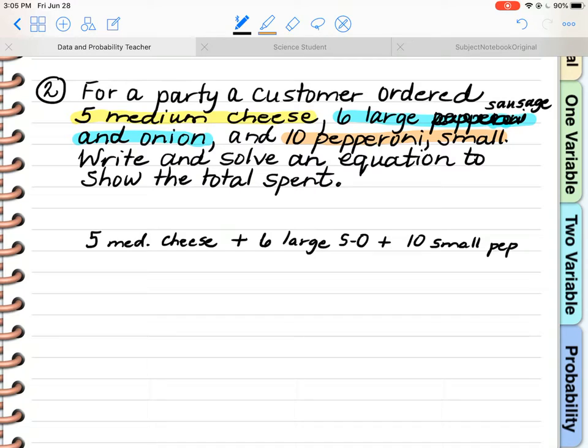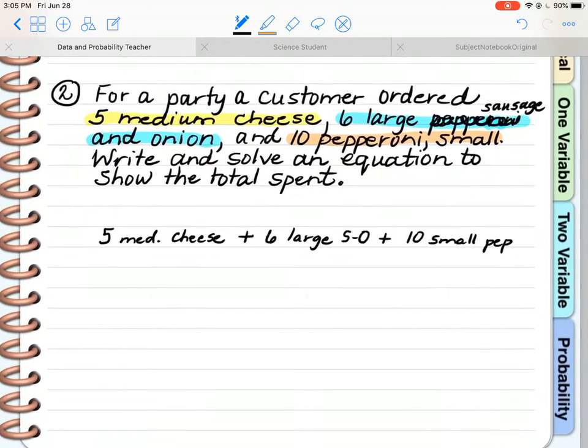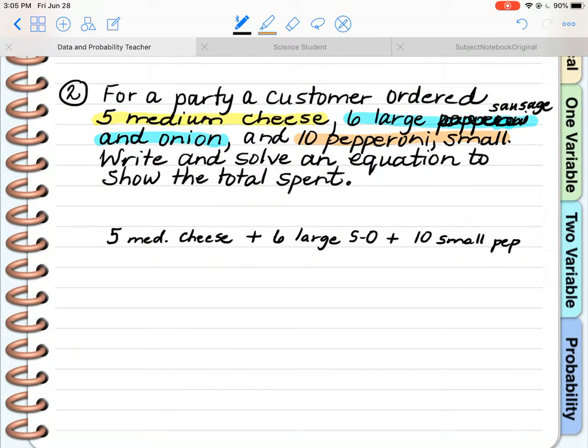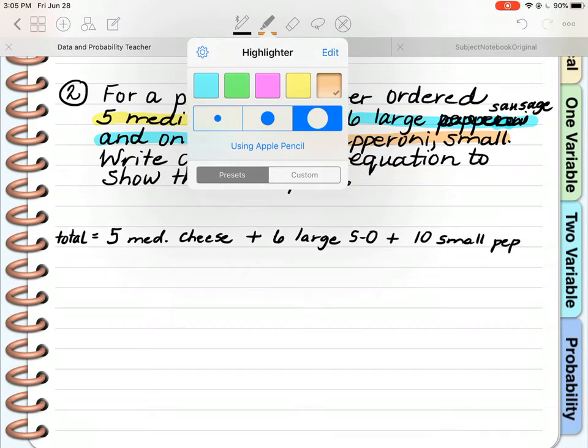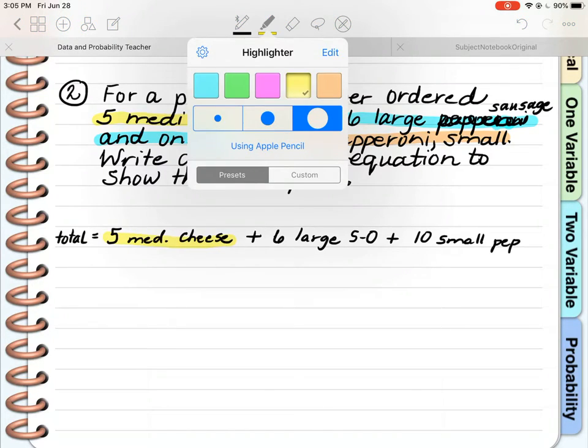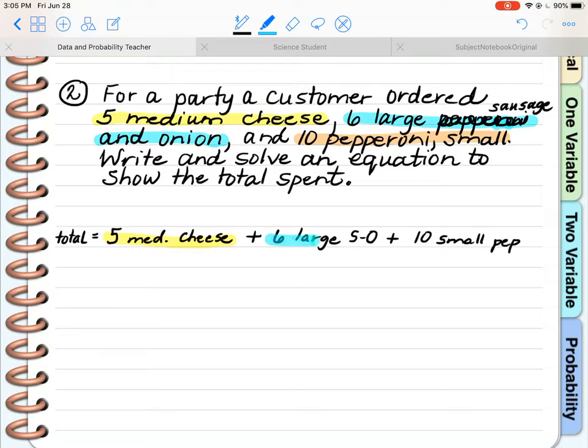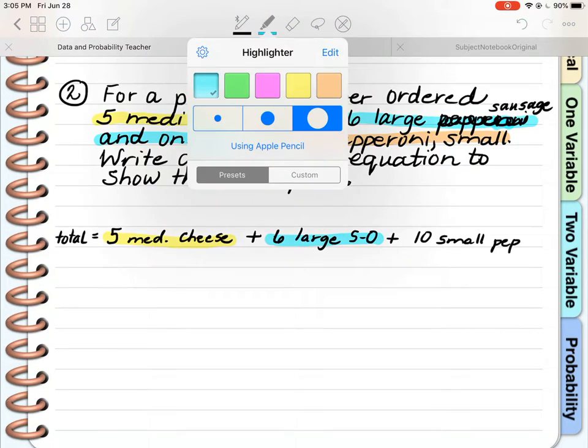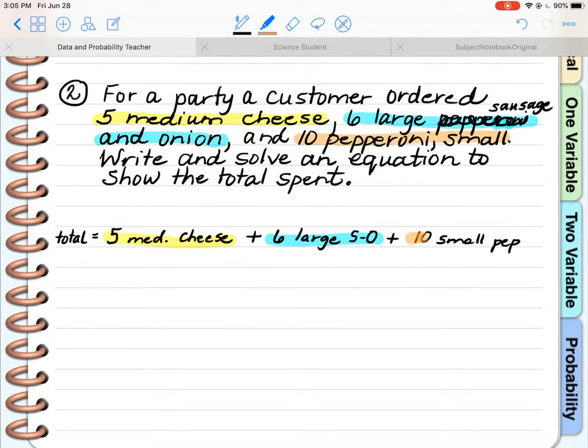And they want an equation, which means we need an equal sign. So I'm just going to say that that will equal the total that we need to find. So set up your problem. If you've had the algebra class, you're familiar with this process where I'm setting up a word form before I try to do an algebra form.